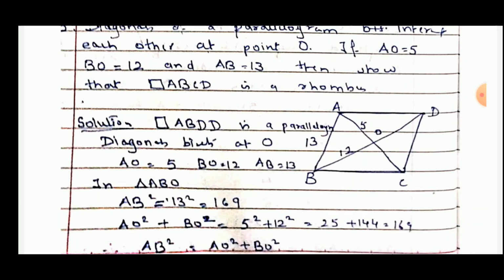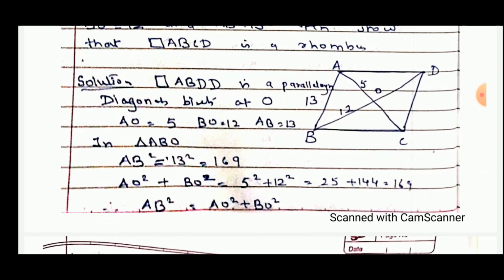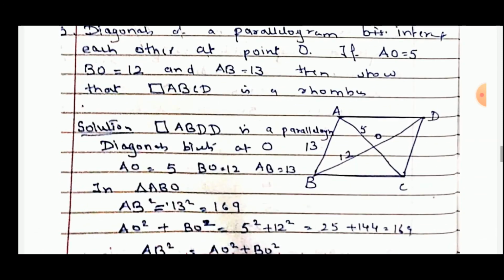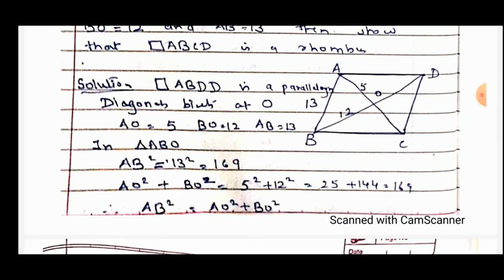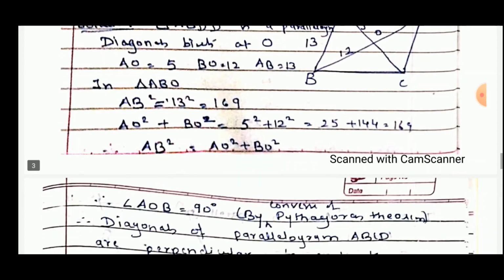So you will get here in triangle ABO, AB square is equal to 13 square, that is 169. AO square plus BO square is equal to 5 square plus 12 square, that is 25 plus 144 is also equal to 169. Therefore, AB square is equal to AO square plus BO square.